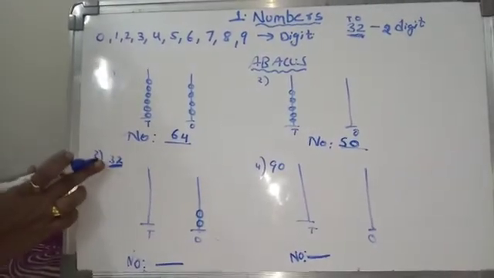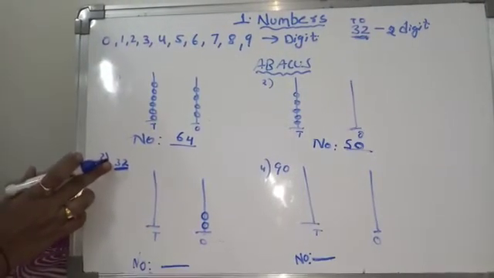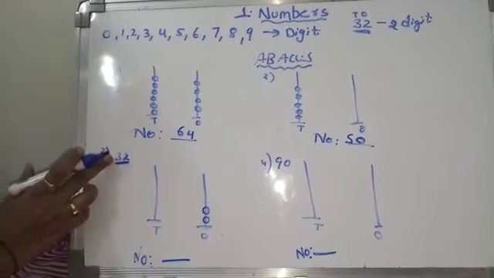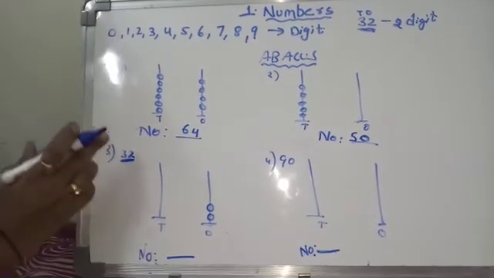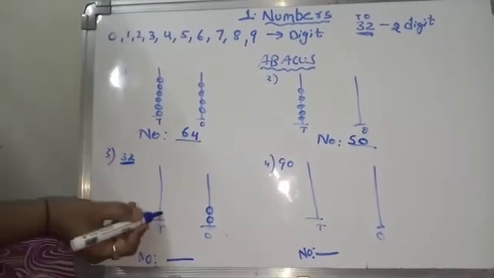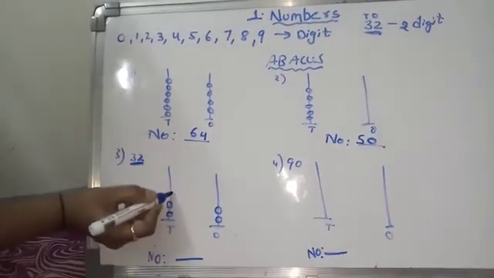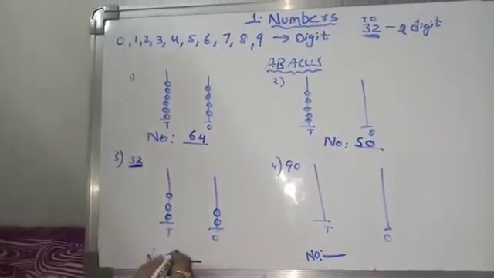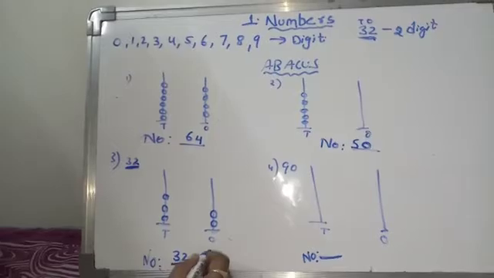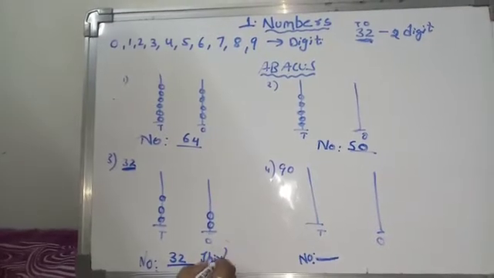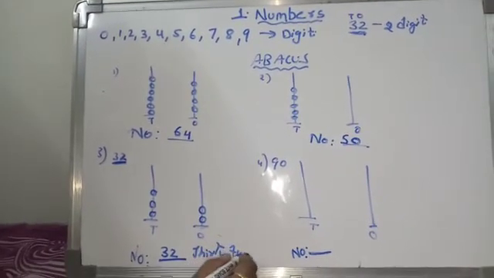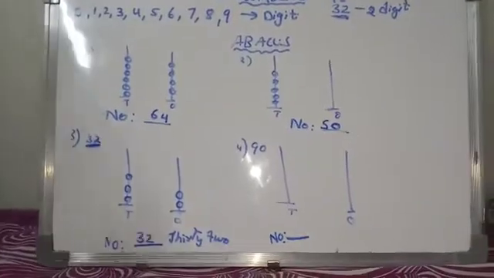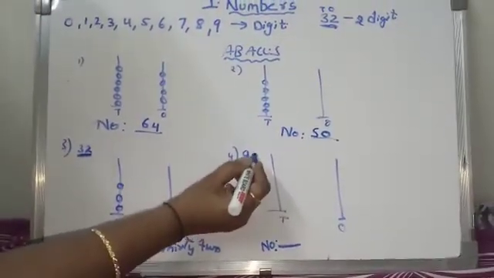And in the tens place, there is only a single digit, that is 3. So how many beads do I have to draw? 1, 2, 3. So what is the number? 32. And we write the name as thirty-two.